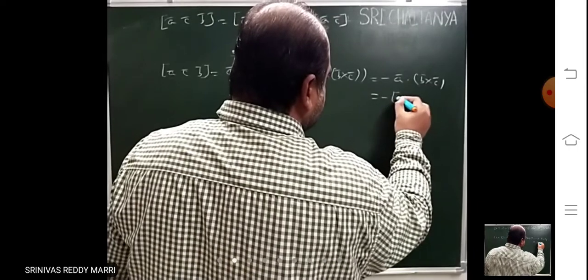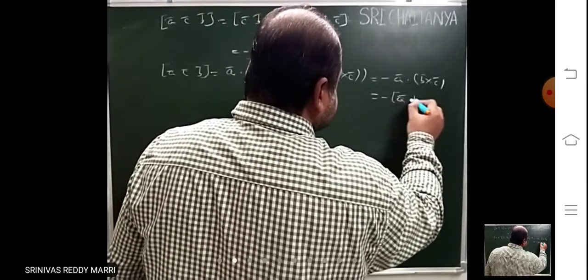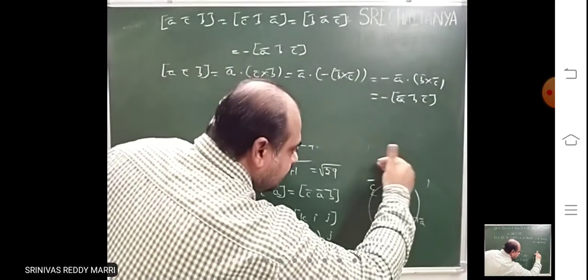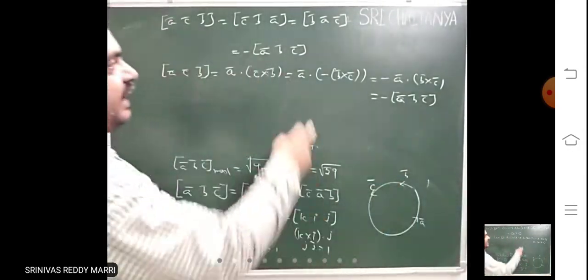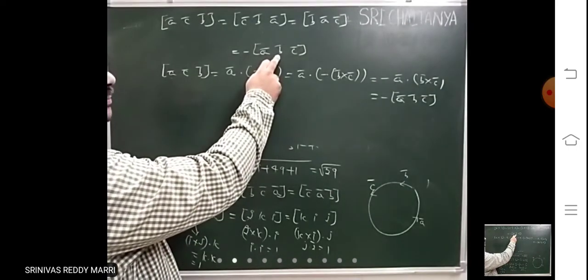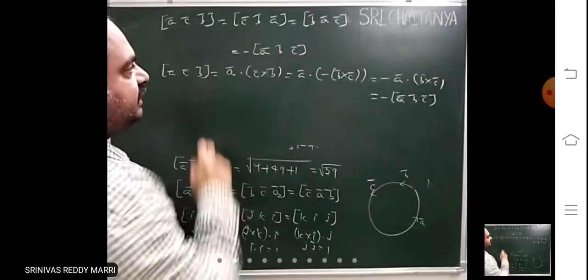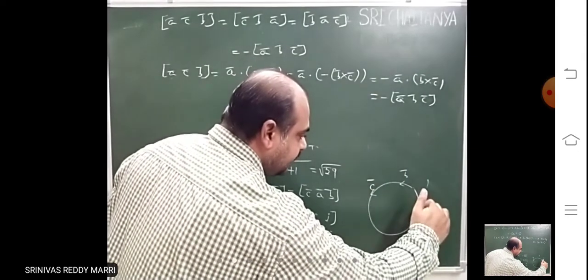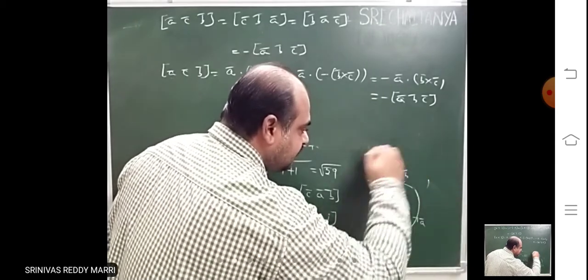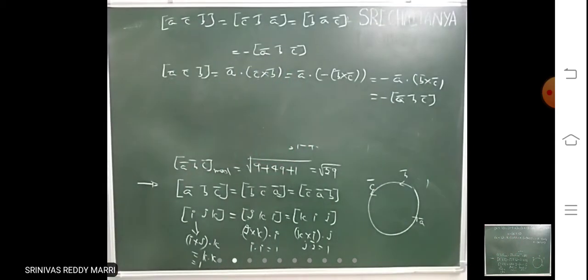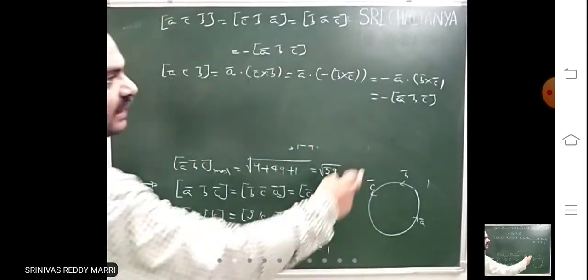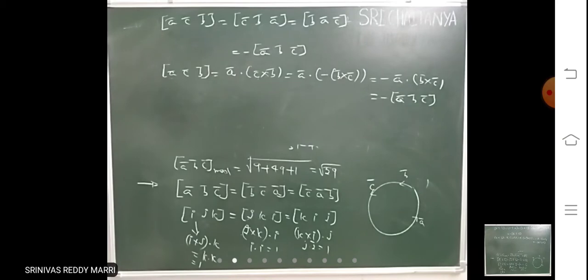This is nothing but minus box of A bar, B bar, C bar. So if they are in clockwise direction, it is minus box of A bar, B bar, C bar. All these three will be minus box of A bar, B bar, C bar. Draw a diagram like this: if they are in this direction, three consecutive, then box of A bar, B bar, C bar. If they are in clockwise direction, three consecutive, then you have to write minus box of A bar, B bar, C bar. Take one problem.